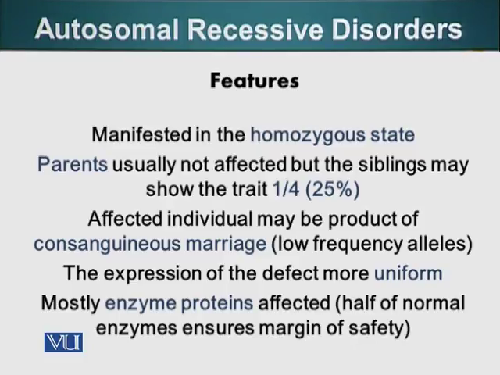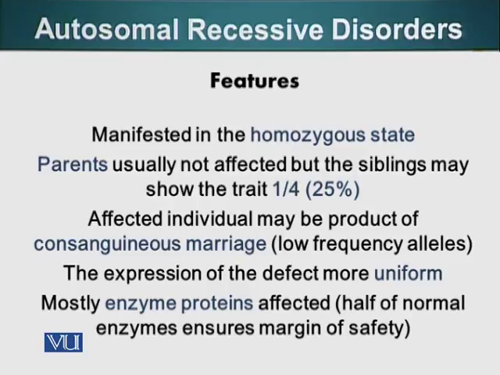As we have already talked, enzymes are very potent catalysts. So even if half the population of enzyme is abnormal, the normal enzyme population can mask the effect of abnormal enzyme. I didn't mention this when I was talking about autosomal dominant disorders.